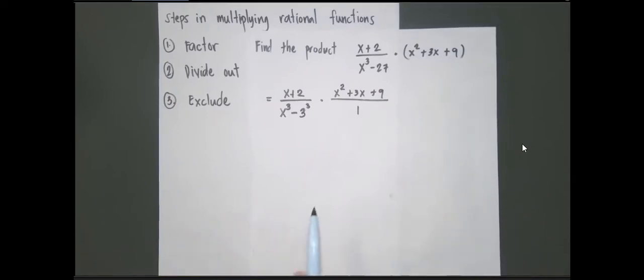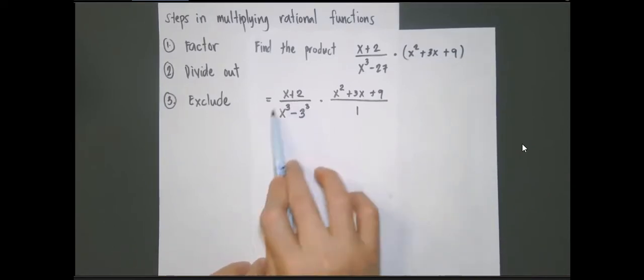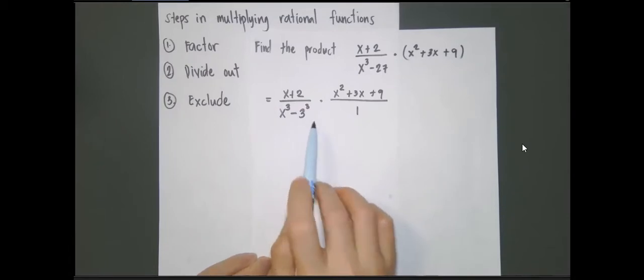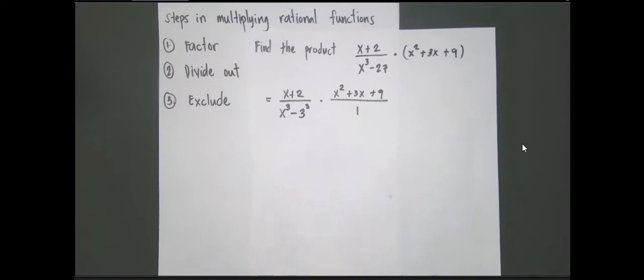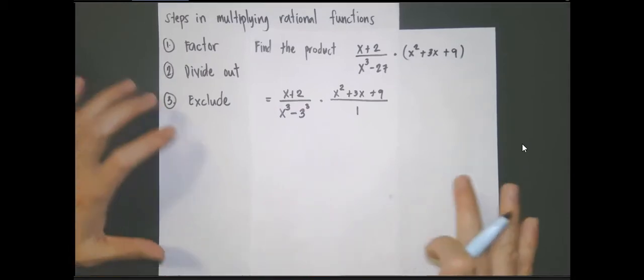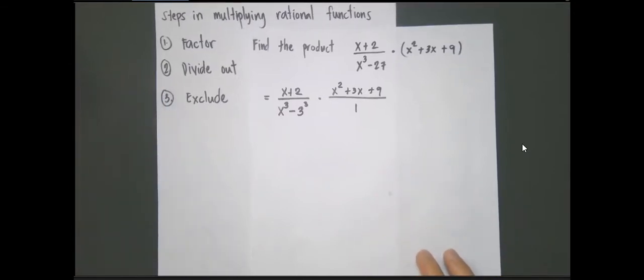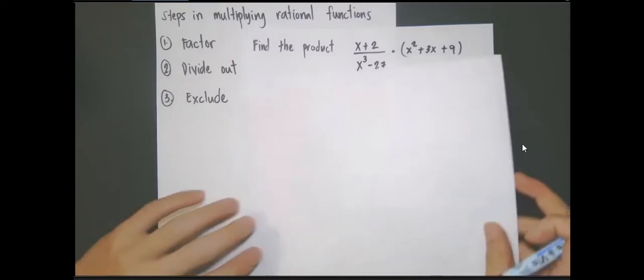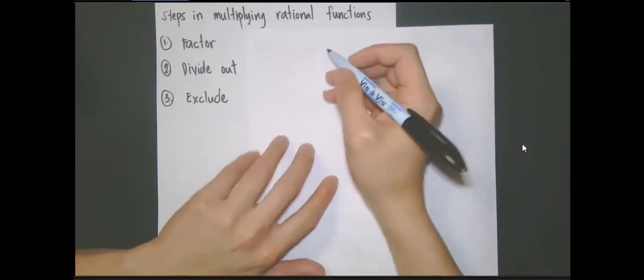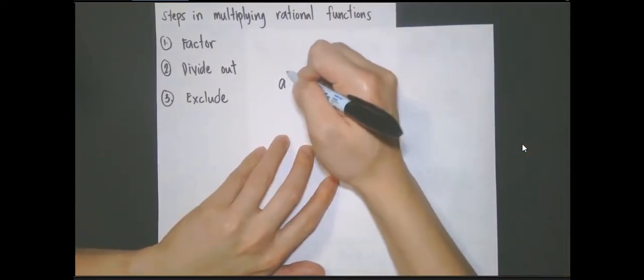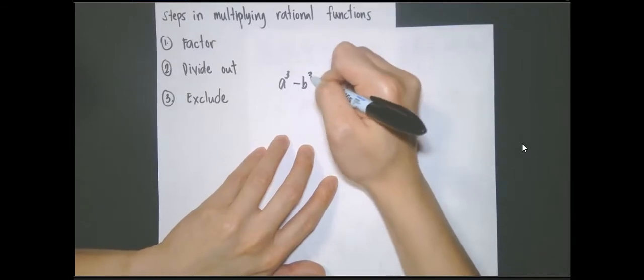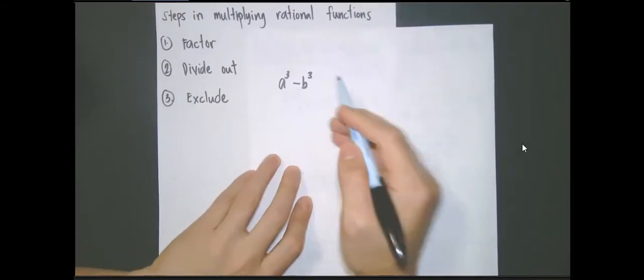Now, going back to the denominator, we have a rule we learned in our second quarter lesson about cubic numbers. We have the format a cubed minus b cubed, where a and b are cubic numbers.